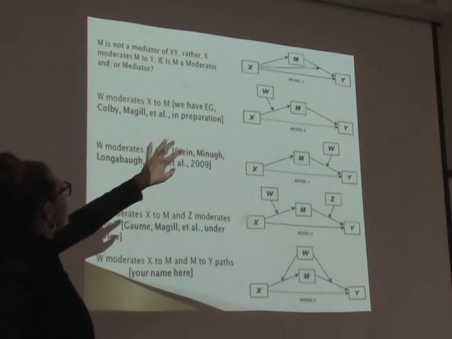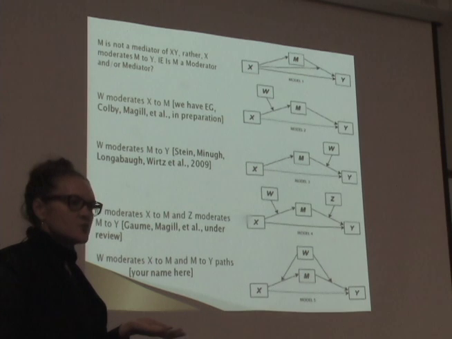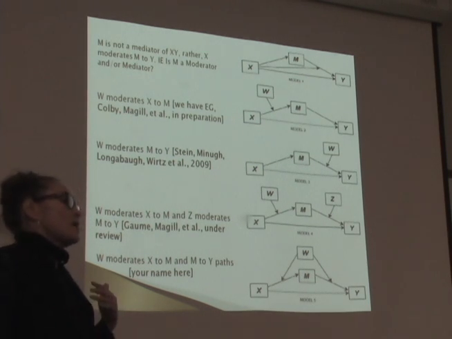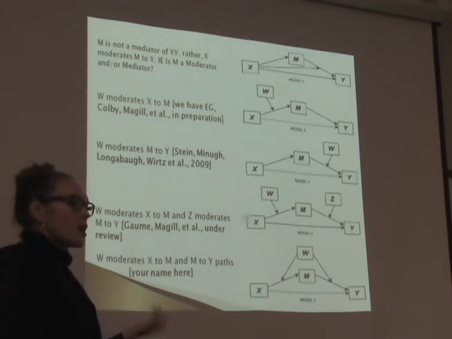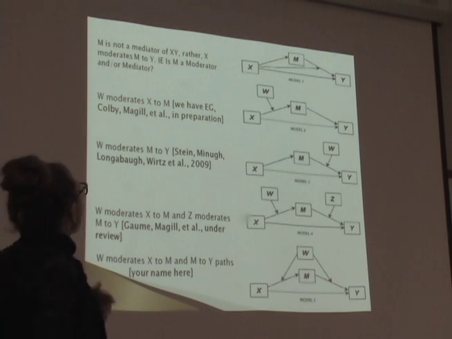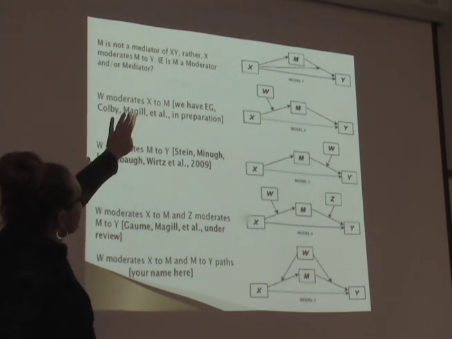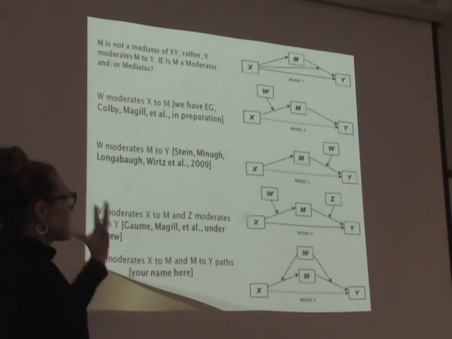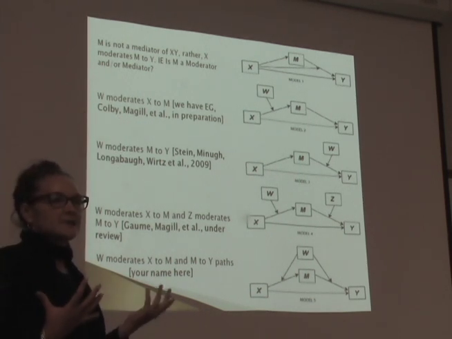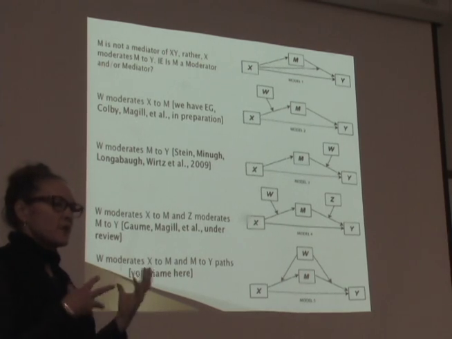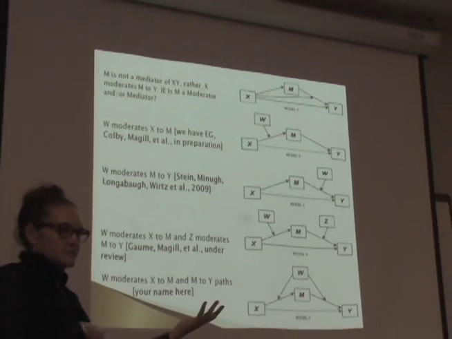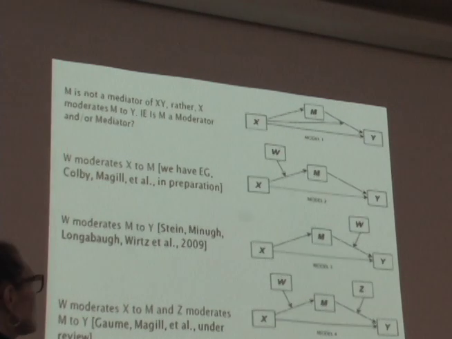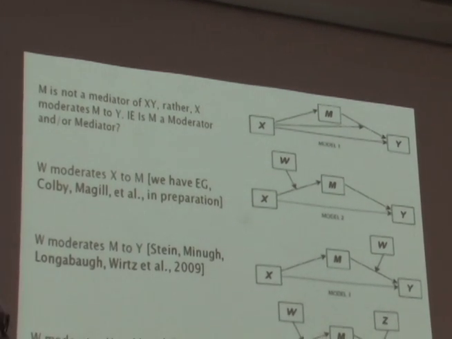But the first scenario is when you're not sure if the variable is a moderator or a mediator. So M is not a mediator of the XY relationship, rather X moderates M to Y. So the question you would be asking is, is this variable best under this circumstance or that circumstance, which can arise often.